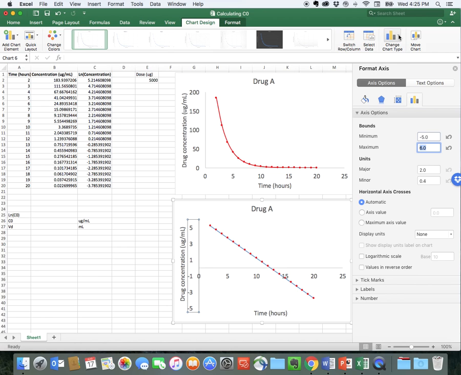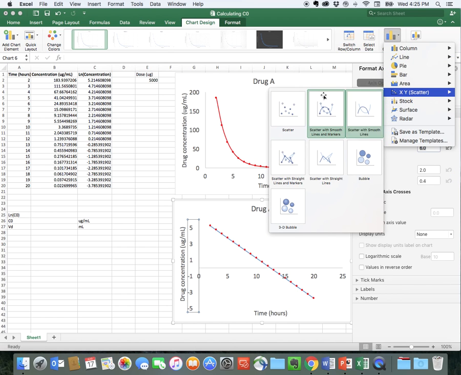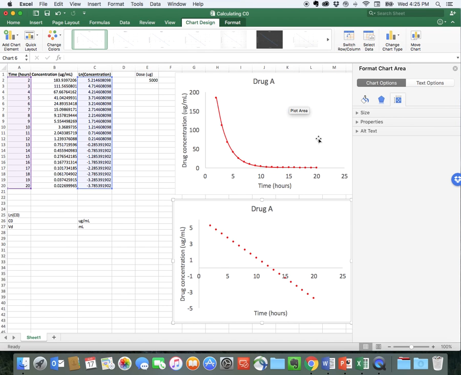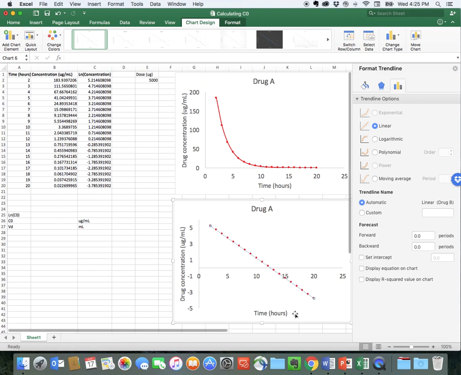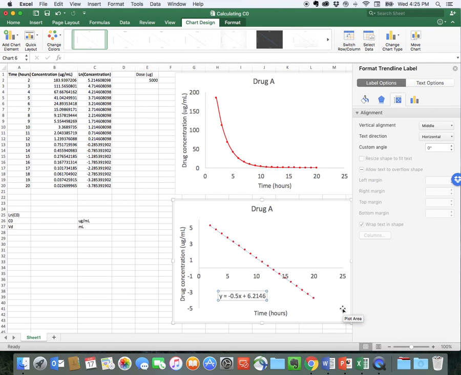And let's do one more thing and remove that smoothing line, because what we're going to do is that we are going to add a trend line, and that trend line is a straight line because the data fall on a very nice straight line, and then we can request that the program displays the equation on the chart so that we know what the equation is for the straight line model. And there is the equation.